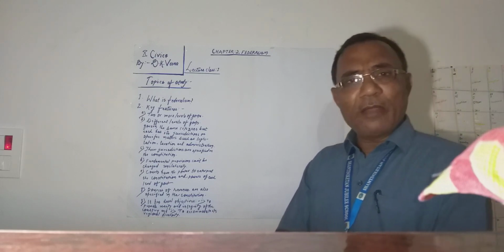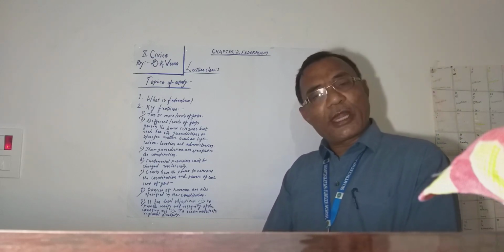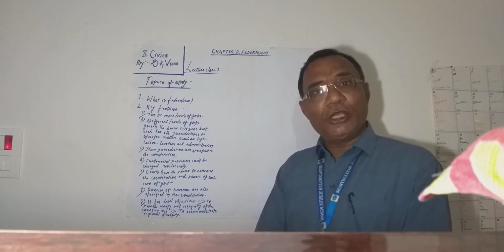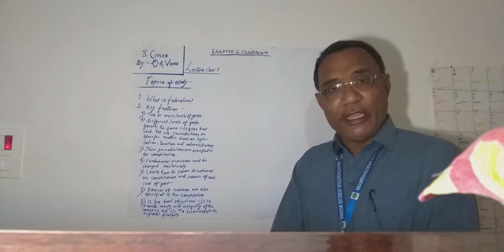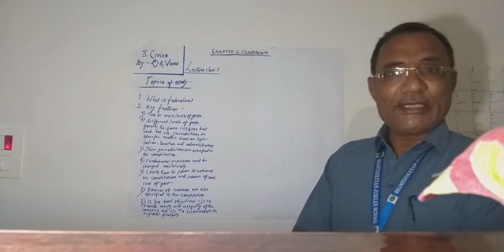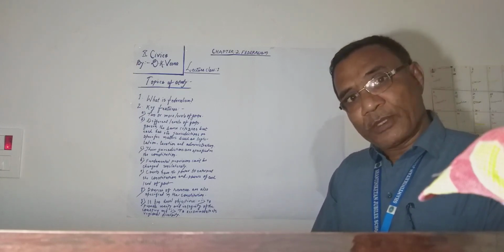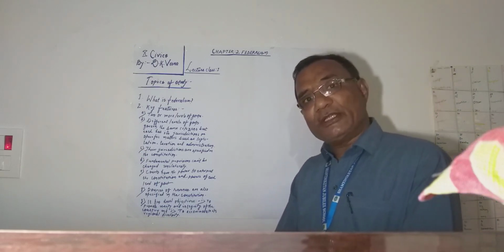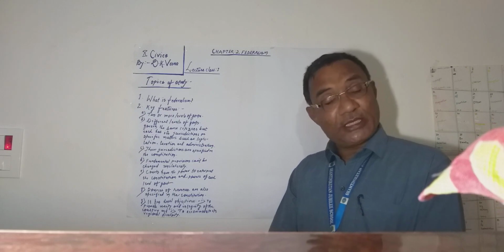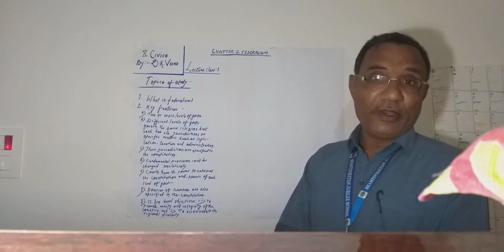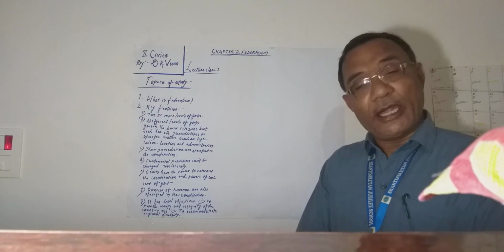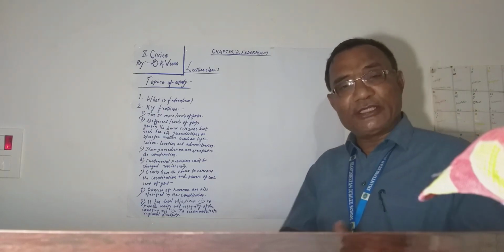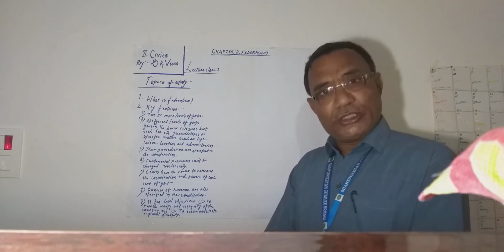We have 97 subjects in the union list over which only the central government can make laws. State governments make laws on some subjects of state importance, such as land revenue, law and order, police, and so on. And the total number of subjects in the state list is 66.